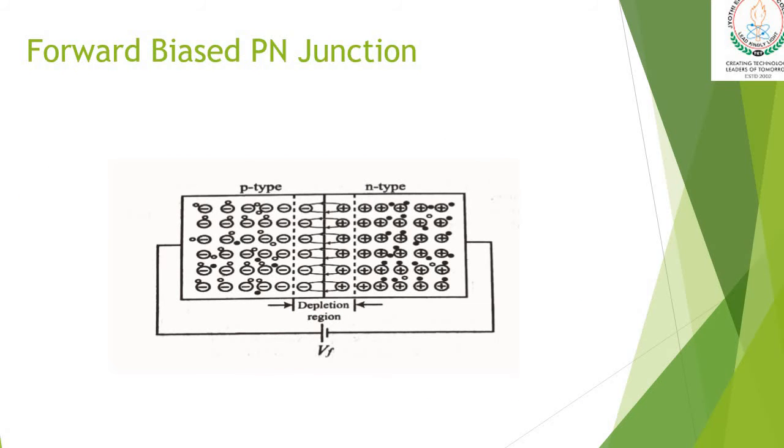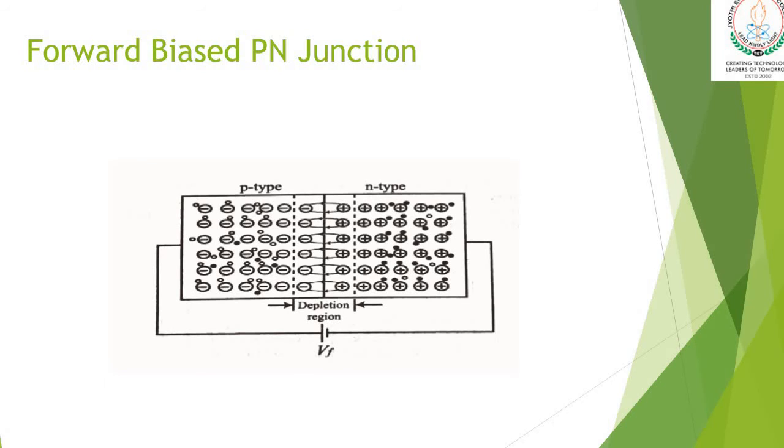I have given a bias here with a voltage. Now when my bias voltage is 0, there is no flow of current. Why? Because this potential which is there is already 0.7 volt. So 0.7 is greater than the voltage that you have applied, so there is no flow of current. Gradually, as we increase this bias voltage and it becomes greater than the barrier potential, this junction is broken.